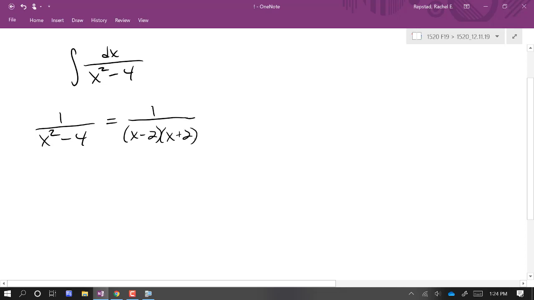And what I'm going to do now is find what we call the partial fraction decomposition, which just says, look, this fraction here is the result of adding 2 fractions together. Some constant that we don't know, I'll call it a over x minus 2, plus some other constant we don't know, b over x plus 2.